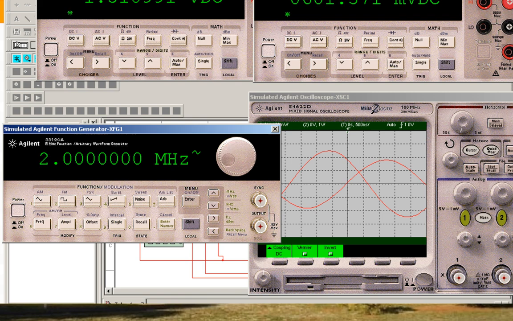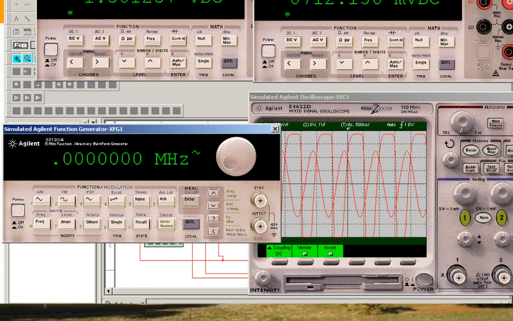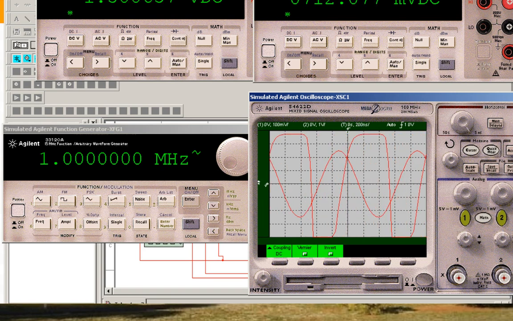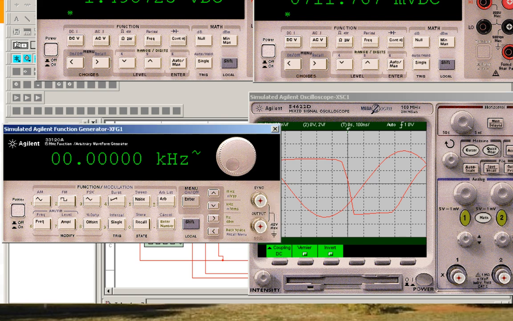The scope's taking a long time to read that. There's a lot of amplification there, and it's distorted at the higher frequencies. Now that's distortion, it's not noise, it's due to clipping. It's amplifying too much or something.